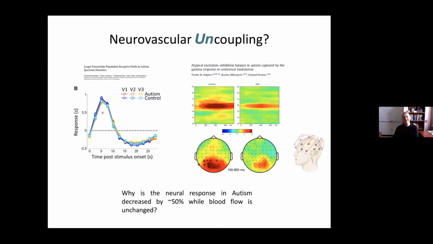But if you repeat the same experiment using a very old technology, the electroencephalogram with electrodes affixed to the skull, and show the same stimulus, well, then you see a massive difference between autistics and control. In fact, in the autistic adolescents, you see a reduction of roughly 50% of the EEG signal.